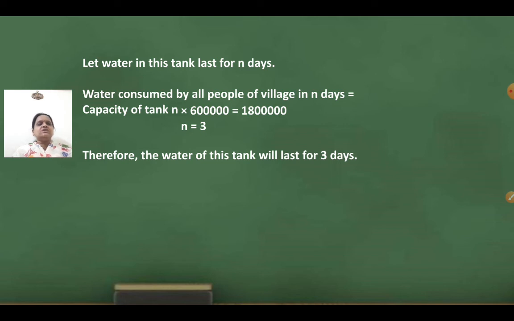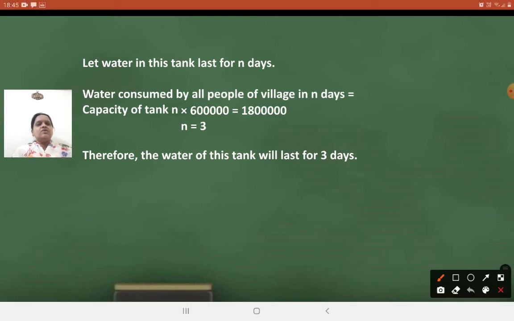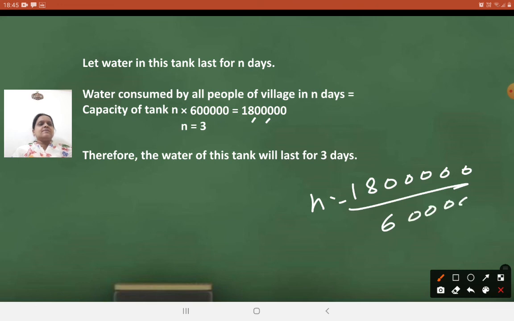Count the number of zeros and find the value here. You can see it is 18 lakh. Correct. So n equals what you will get? 18 lakhs upon 6 lakhs. If you cancel the zeros, 6 3s are 18. Therefore, you will get the n value equal to 3.